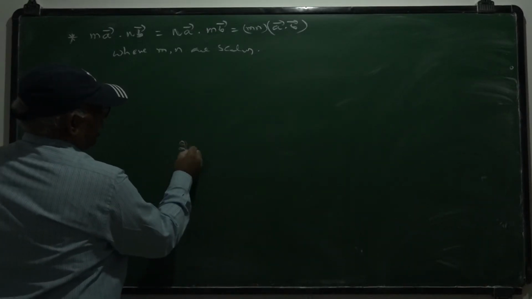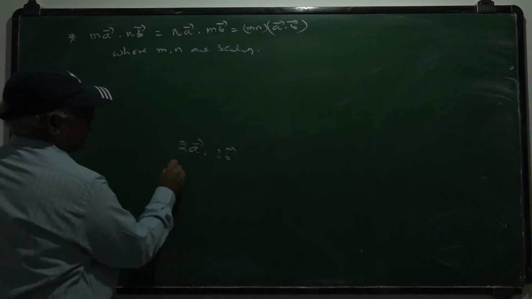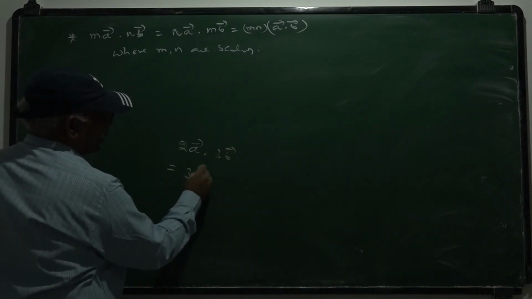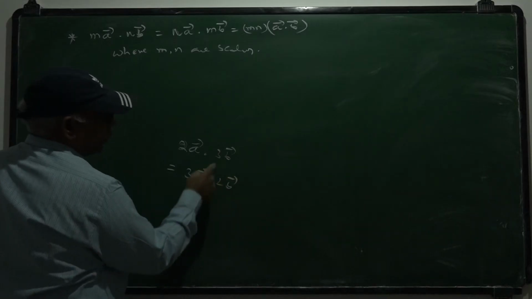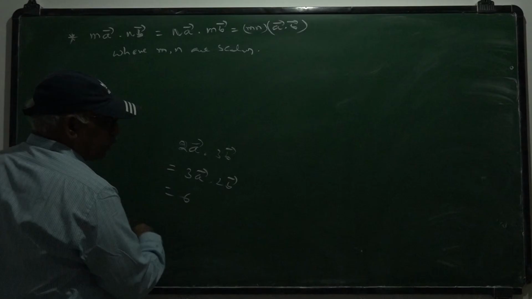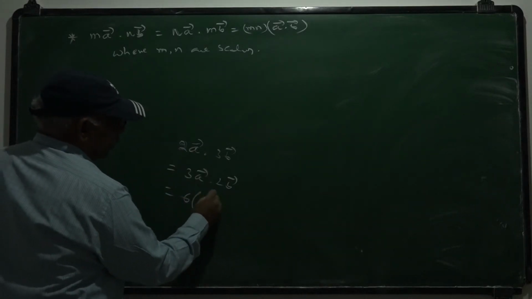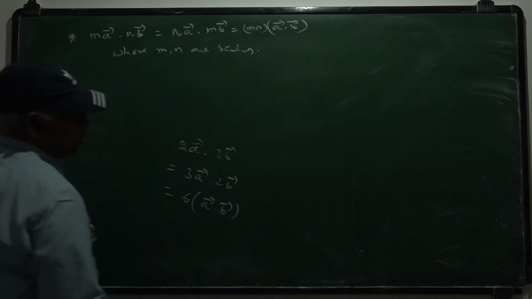Suppose 2 A bar dot 3 B bar is considered, you can write it as 3 A bar dot 2 B bar. You can interchange the positions of the scalars. As well, this is equal to, taking the product of the scalars, 6 into A bar dot B bar.